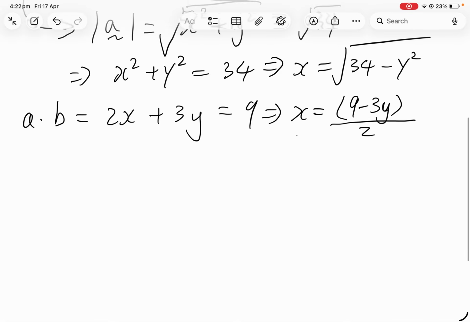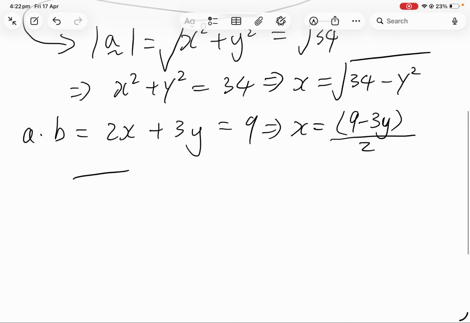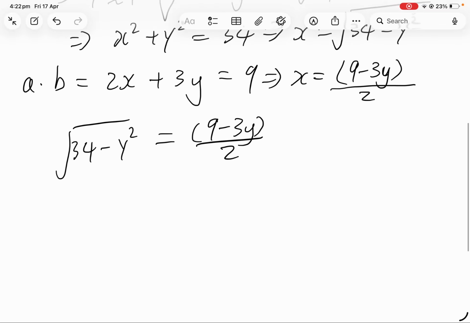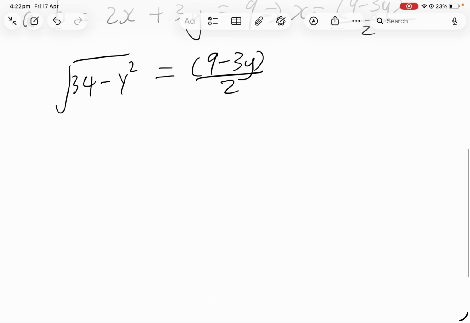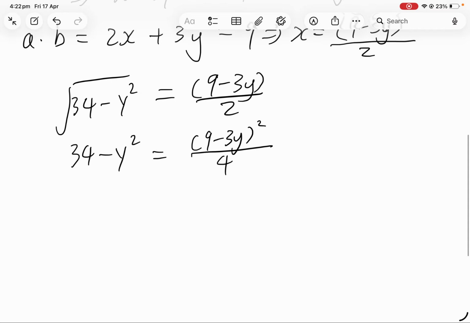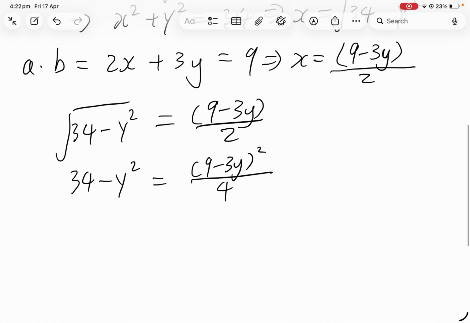Then we can put these two equations together: square root of 34 take y squared equals bracket 9 take 3y over 2. Okay, we'll get rid of the square root first, so we square the other side. This becomes 9 take 3y all squared over 2 squared, which is 4. And now we can move the 4 to the other side.